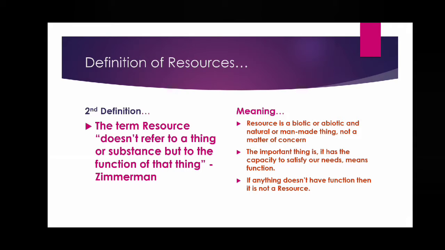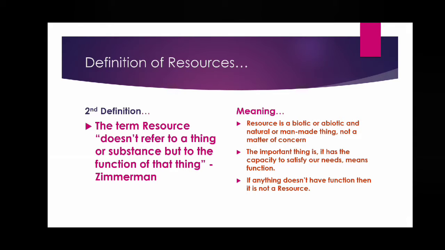You have to ask this thing or substance: can you do something for us, can you fulfill our needs, can you satisfy our needs? If this thing can satisfy your needs, then it is called as what? A resource. So this definition is given by whom? That is Zimmerman. The term resource does not refer to a thing or substance, but to the function of that thing.